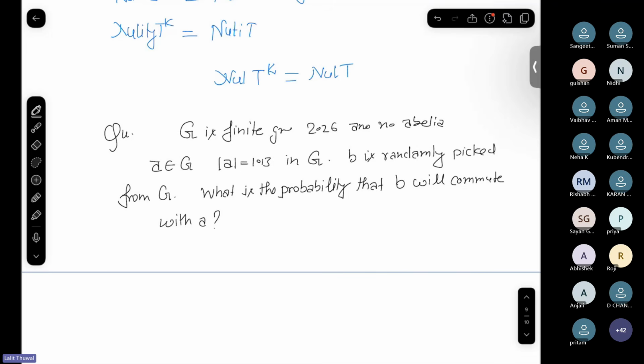Let me give you 5 minutes to think on it. It's not very difficult, okay? You all can do it. Just try to think. I'm sure that you will be able to do it. Use Sylow theorems and normalizers and all, okay? All you need to do is give it a try.